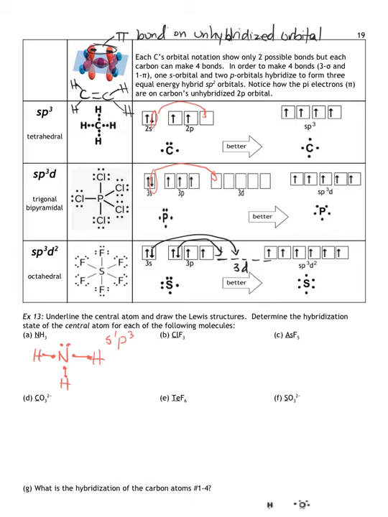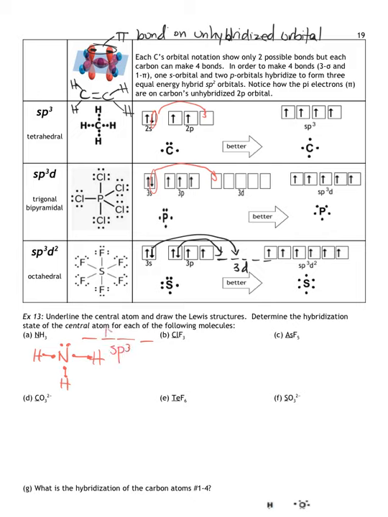And if you want to be very technical, I'm going to erase the sp3 for a second so I can show what the sp3 hybridized orbitals look like. So it would be 1, 2, 3, 4, and this would be called sp3.